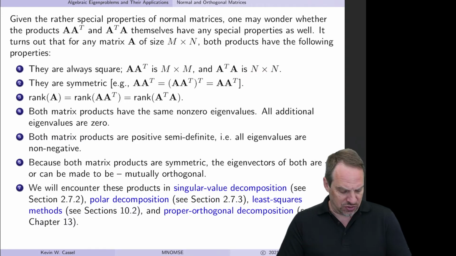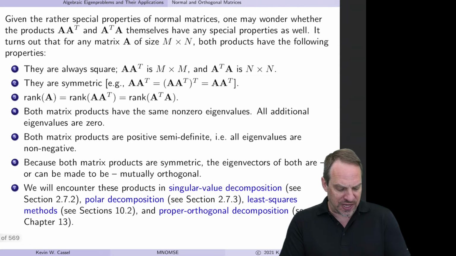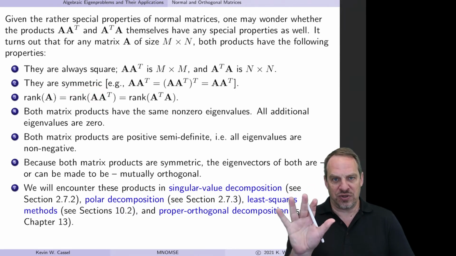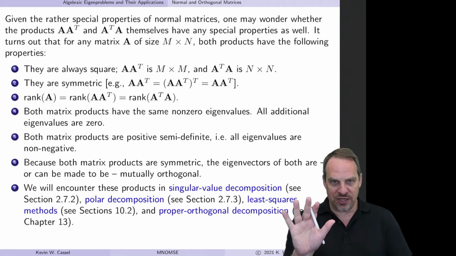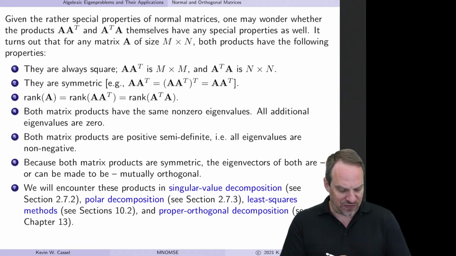Okay, so that's useful. Now the second one is very powerful. Notice, and we can show this very simply, that both of these products are symmetric. Remember, A is any real matrix, and it's not even square. But the products, A times A transpose and A transpose times A, are both symmetric. So let's see that very simply.